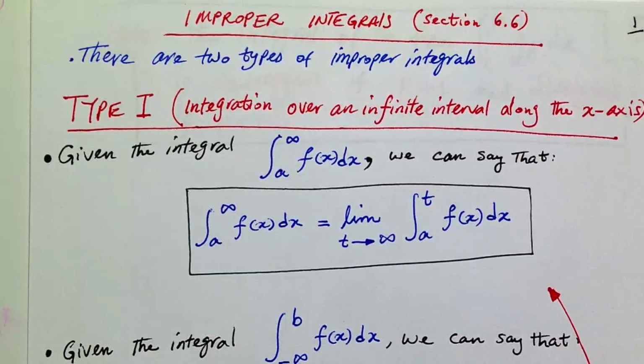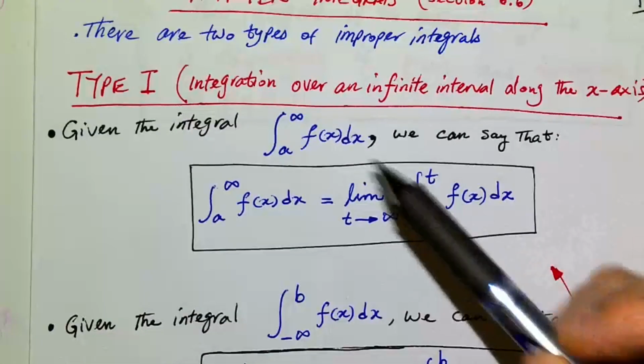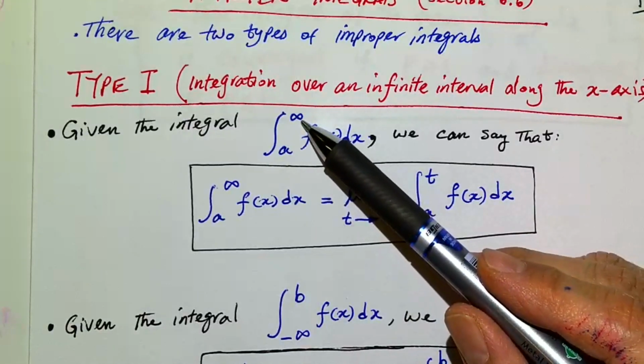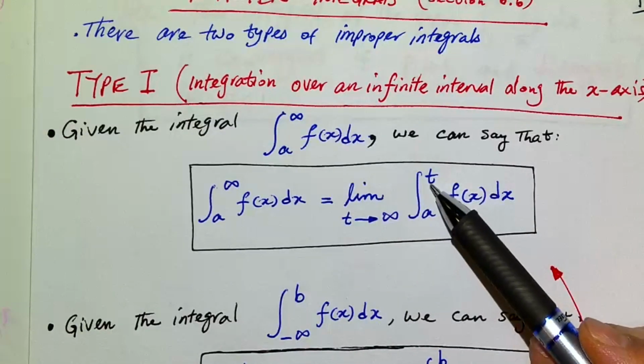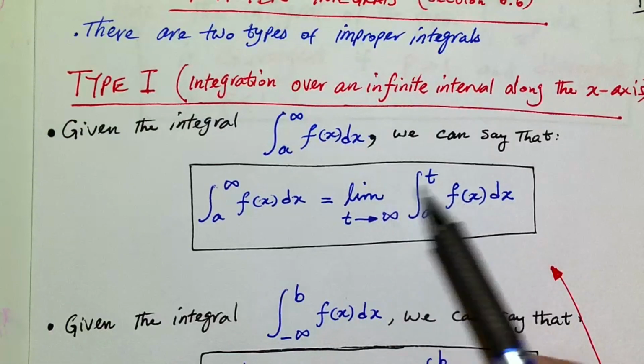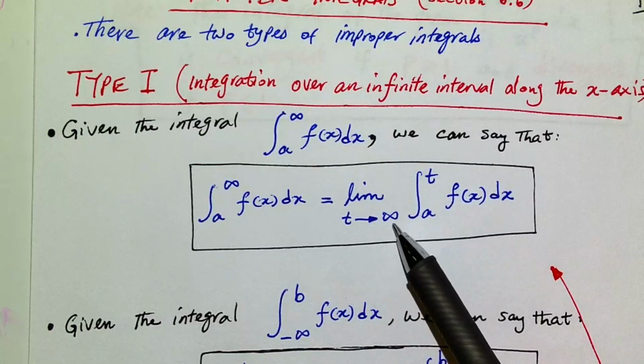So with respect to type 1 of improper integrals, if the top limit is infinity, then we replace that top limit with the variable t, and then take the limit of the integral as that variable t approaches infinity.